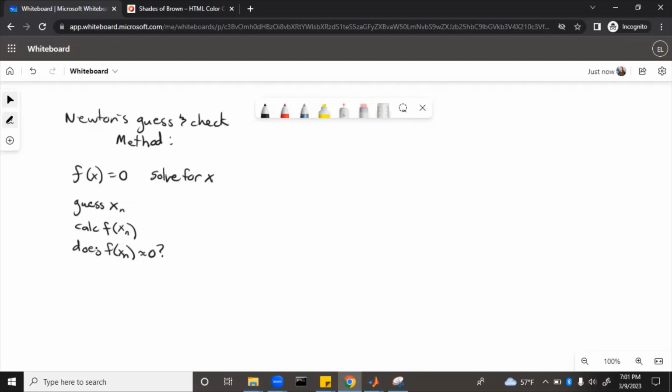If it doesn't equal 0, you need to re-guess. So new guess x in plus 1, the next number, equals the old x, x in, minus f of x in over f prime of x in. This is the derivative. So that's how it works for scalars.